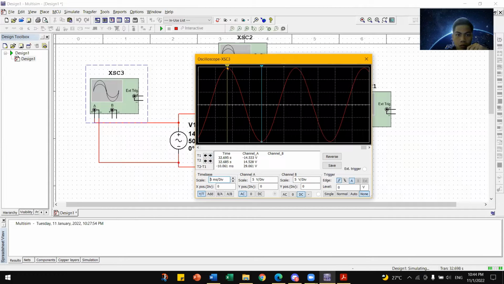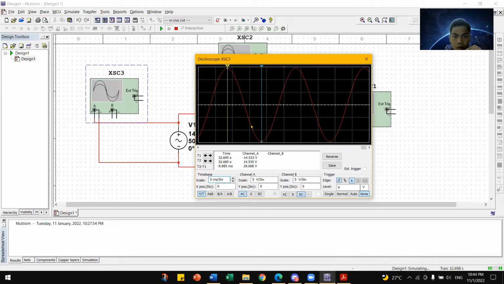So here we can determine what voltage we need to see. Here we need to determine the lowest and the highest in the waveform.